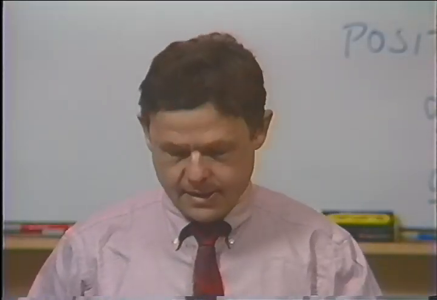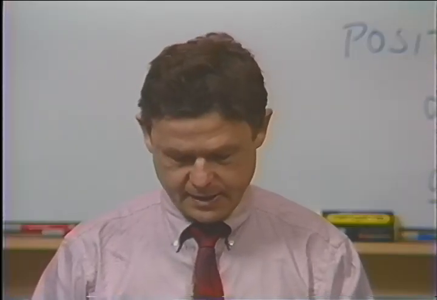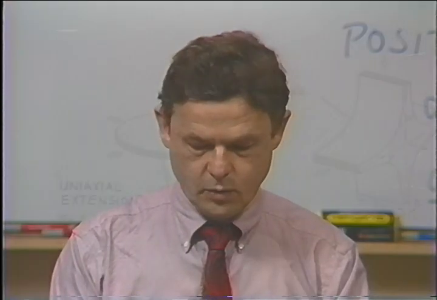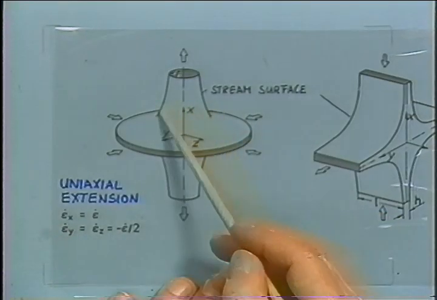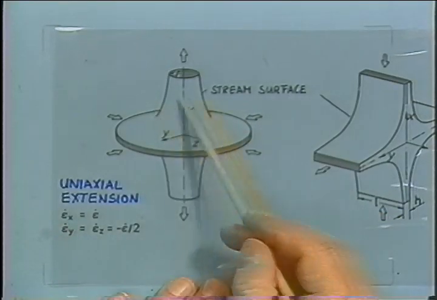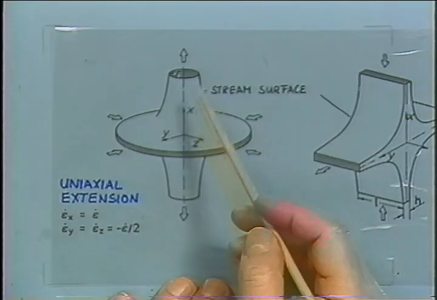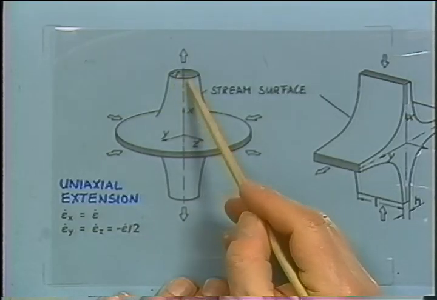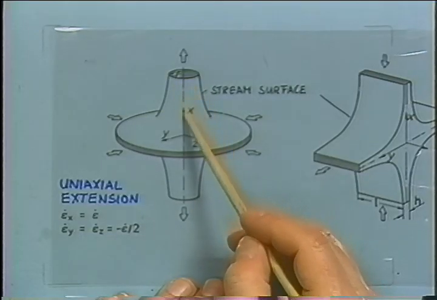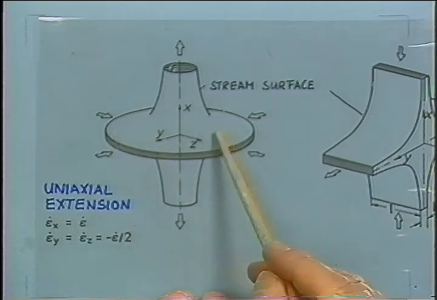We can look at special cases. We could, for instance, take uniaxial extension, where a circular material element, as it moves down in this direction, will always be circular, but it just increases its diameter, and say a little cylinder up here is being squished down, and it will be a disc down here.